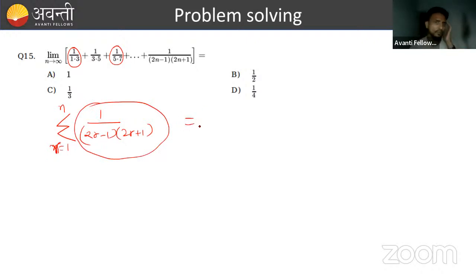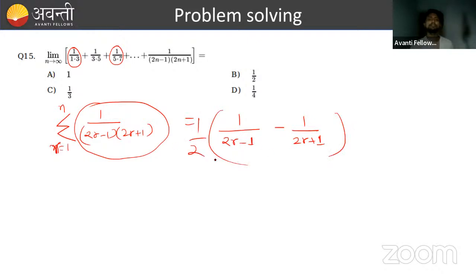There is a method called partial fraction. What we can do is write it like this: 1 by (2r minus 1) minus 1 by (2r plus 1). So here you are going to get (2r plus 1) minus (2r minus 1), and then it is half of that.